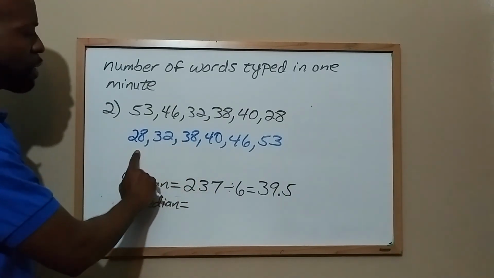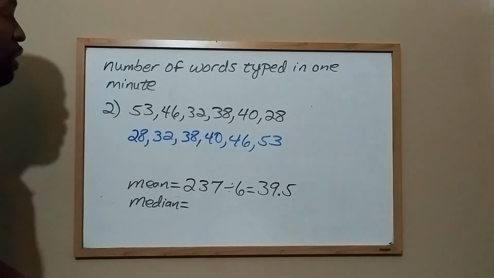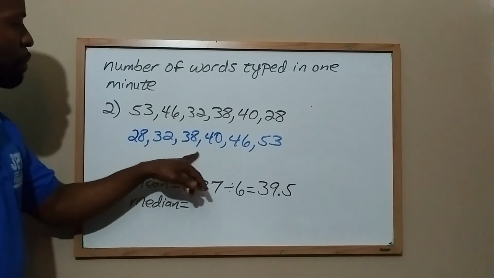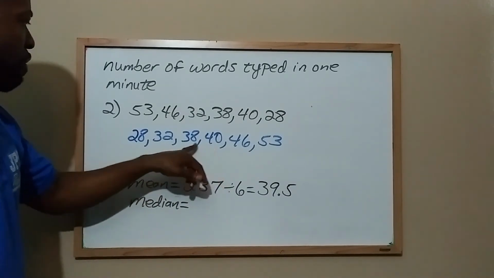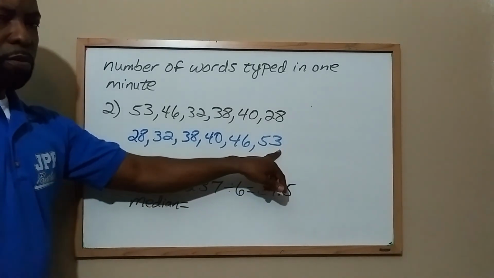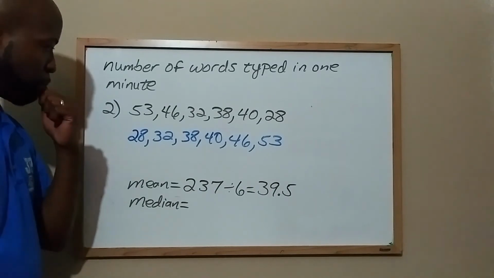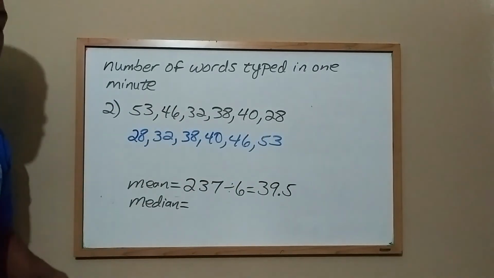I have 1, 2 numbers to the left of 38, but I have 1, 2, 3 numbers to the right of 38. So 38 can't be my middle number. What if I said 40 was my middle number? I would have 1, 2, 3 numbers to the left of the 40, but 1, 2 numbers to the right of the 40. So I can't pick any one of these numbers that's listed to be my middle number.